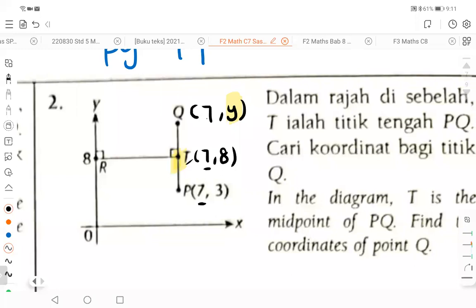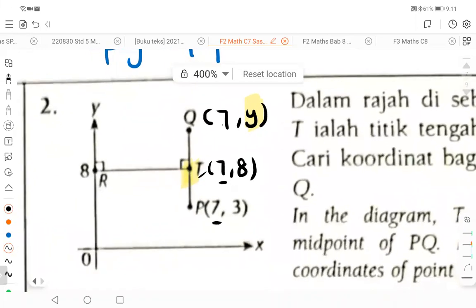Without formula, forget about the formula, x1 plus x2, forget about that. If you understand the meaning of midpoint, you can just write down the answer. No need for formula, no calculation. We can get the coordinate of point Q immediately.